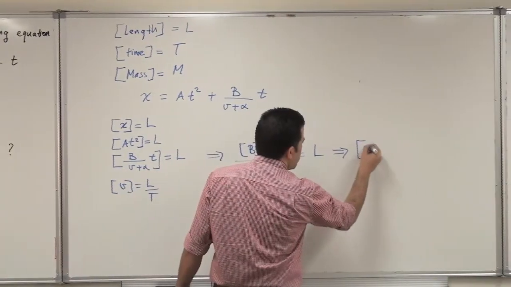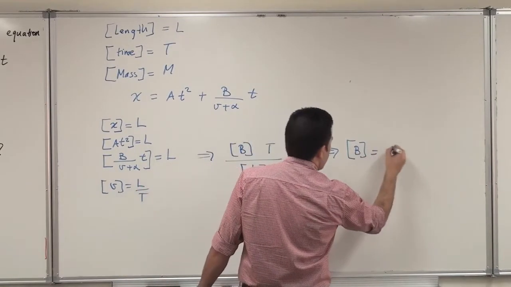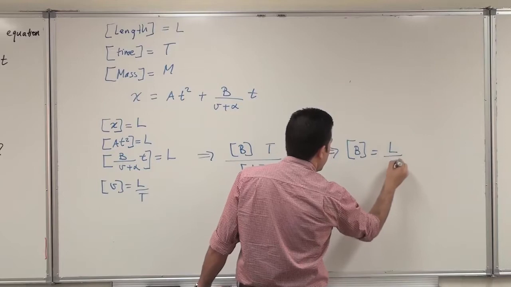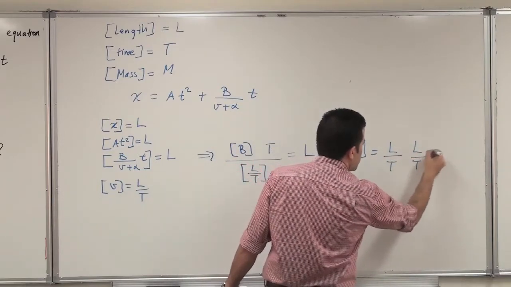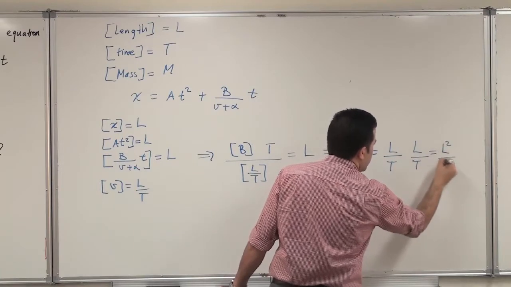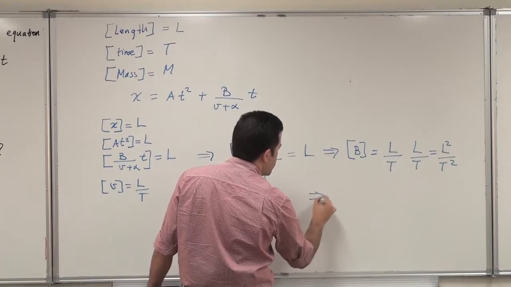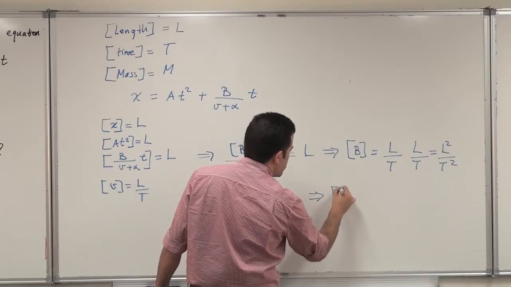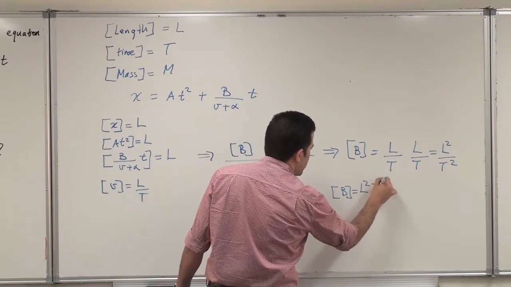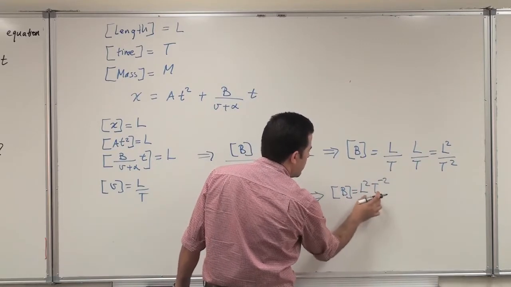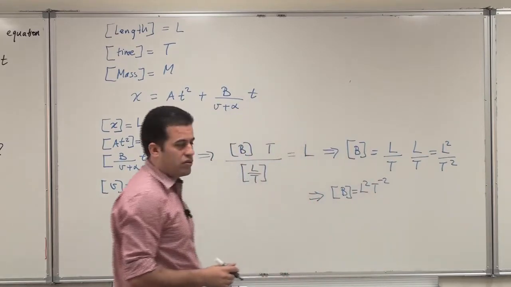So the dimensions of b should equal L divided by T multiplied by L divided by T, which is L squared divided by T squared. Or this answer can also be given as the dimensions of b equals L squared T to the minus 2, by raising this term here to the numerator.